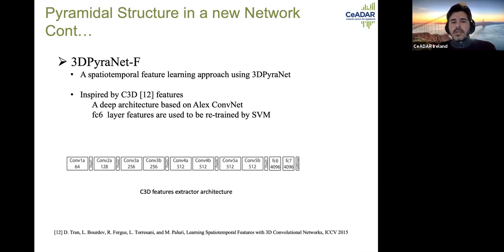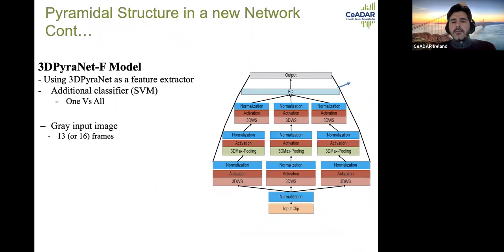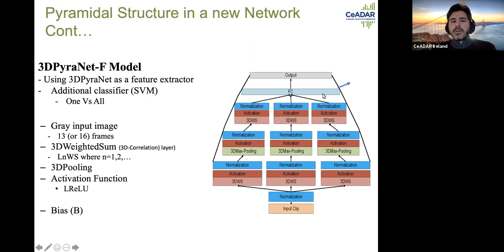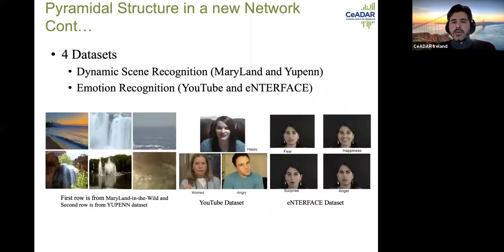So we took that idea, used the same model, and gave its output to SVM to do one versus all classification, the same as C3D. We call this model the 3D Pyramid F model, and it shows far better results compared to the other state-of-the-art models.